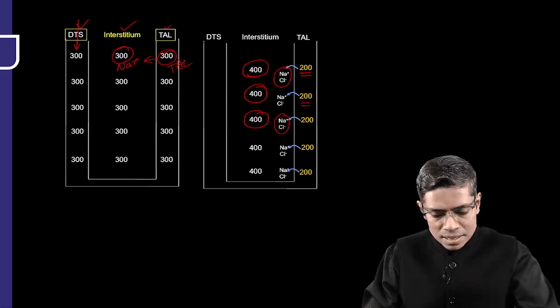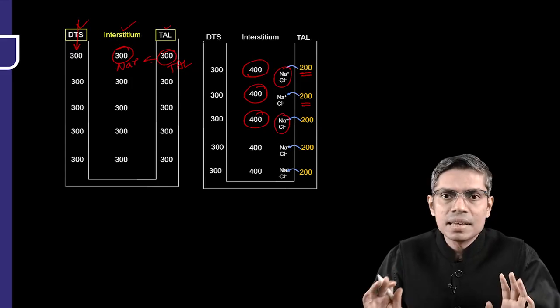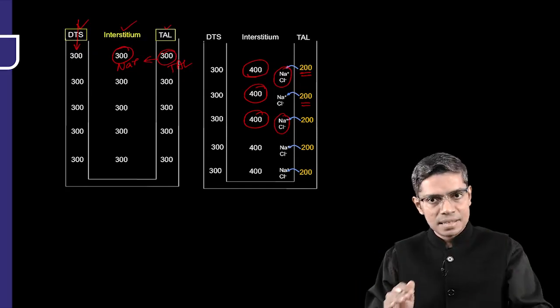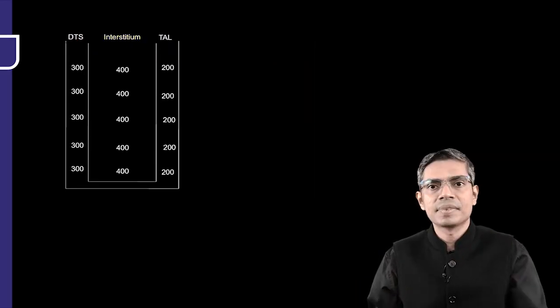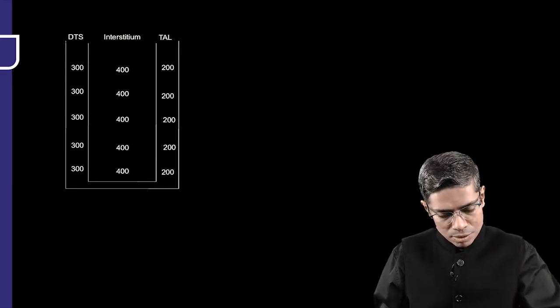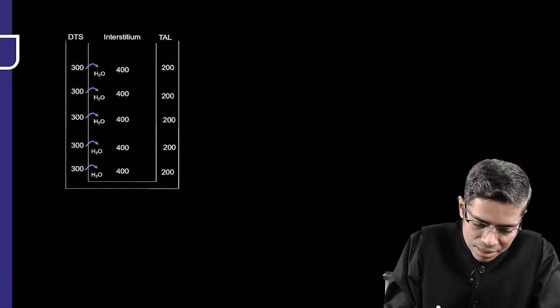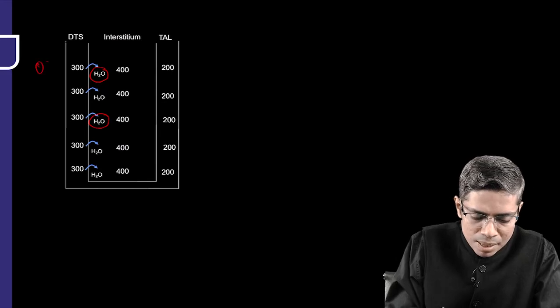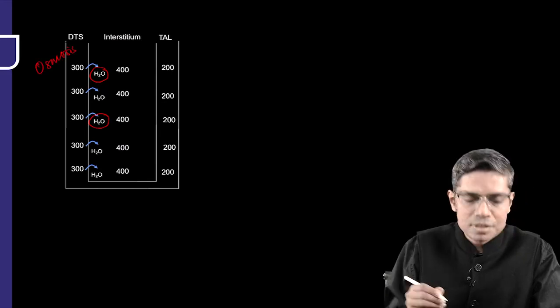Now what is next? Suppose this is still 300. In the next step, there will be absorption of water by the process of osmosis. Water is reabsorbed from the descending thin segment of the loop of Henle by osmosis.